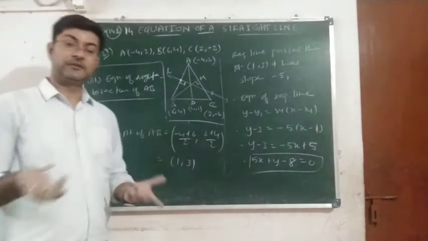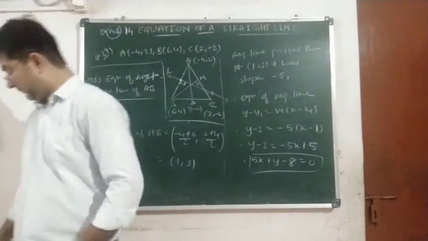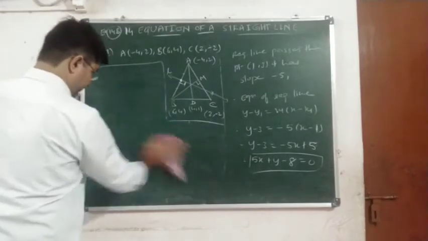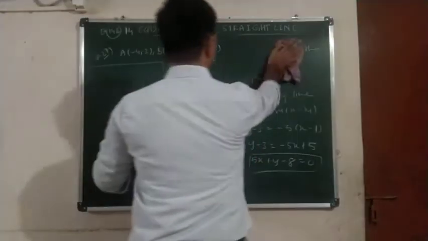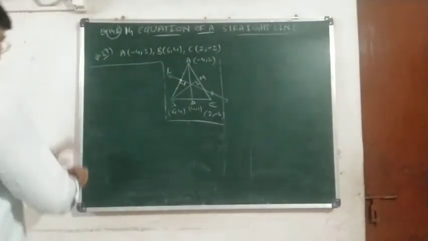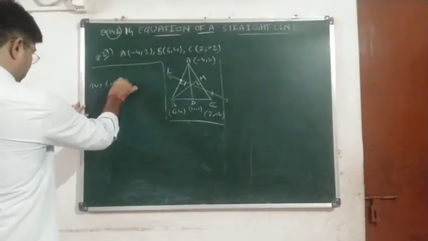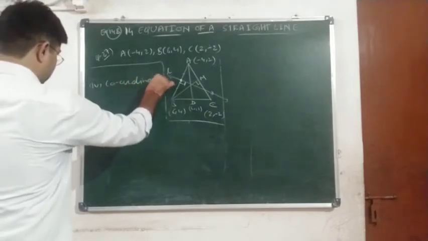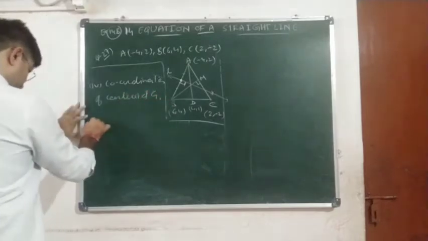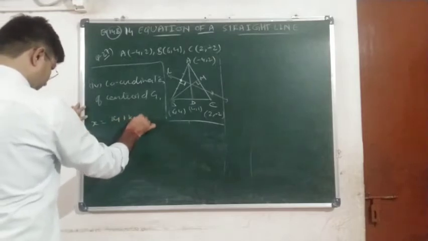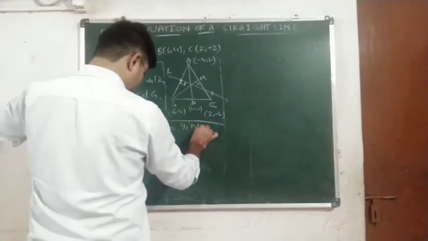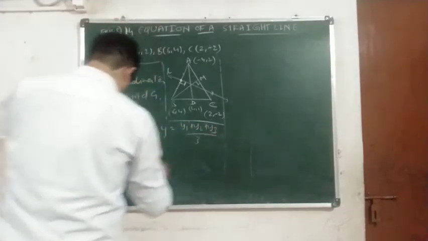We have to find the coordinates of centroid G. So that is a direct formula. We know the formula, so we will put it now. Okay, number 4, coordinates of centroid G will be given by x is equal to (x1 plus x2 plus x3) by 3, and y is equal to (y1 plus y2 plus y3) upon 3.